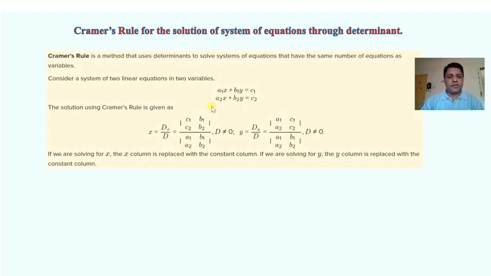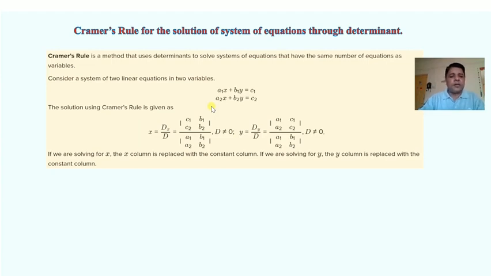Cramer's rule is a method that uses determinants to solve systems of equations that have the same number of equations as variables. What does it mean? If there are two variables x and y, there will be only two equations. If there are three variables x, y, and z, then there will be three equations, to maintain a square matrix or square determinant later on.